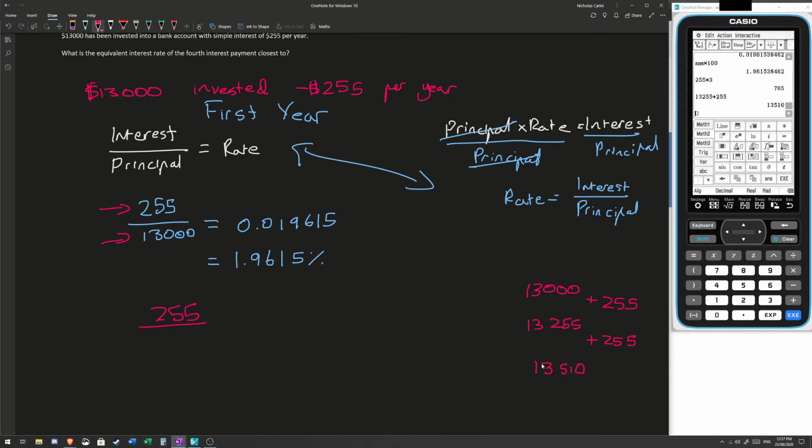So that's the second year. We're going to add one more. We're now sitting at $13,765. Does that make sense? Hope it does. So that's where we're sitting now, okay?